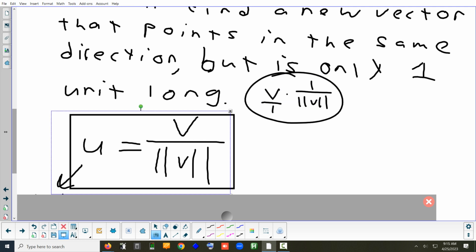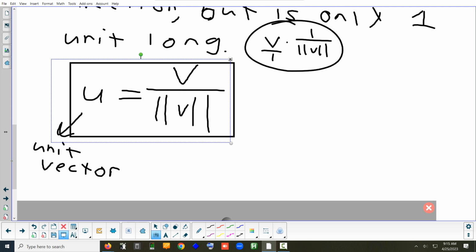V times 1 is v, and 1 times the magnitude is just the magnitude. So that's the formula for finding a unit vector. Take the vector and scale it by 1 over its magnitude, or divide it by its magnitude. That means the same thing. I think of it more usually like this, but what's in the box is the same thing.